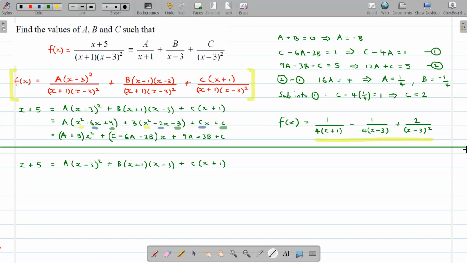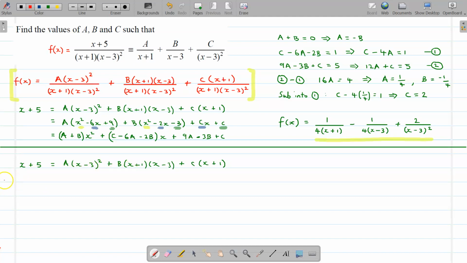Okay, so instead of that, what we do is we choose values of x that would cause pairs of these brackets to become 0. So for example, let's just start with saying let x equal -1.